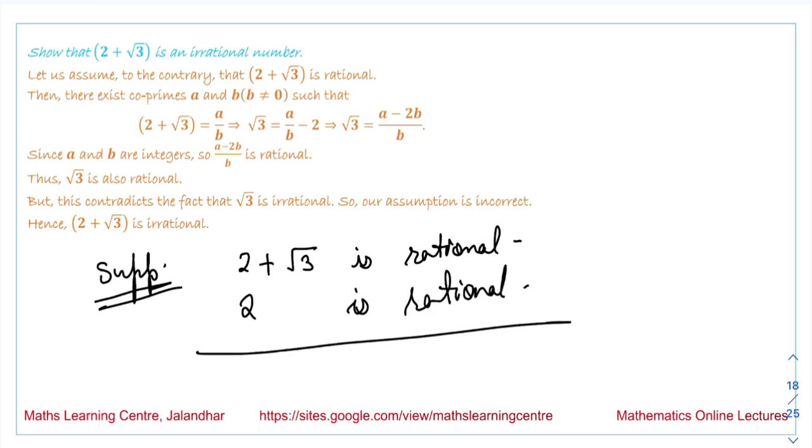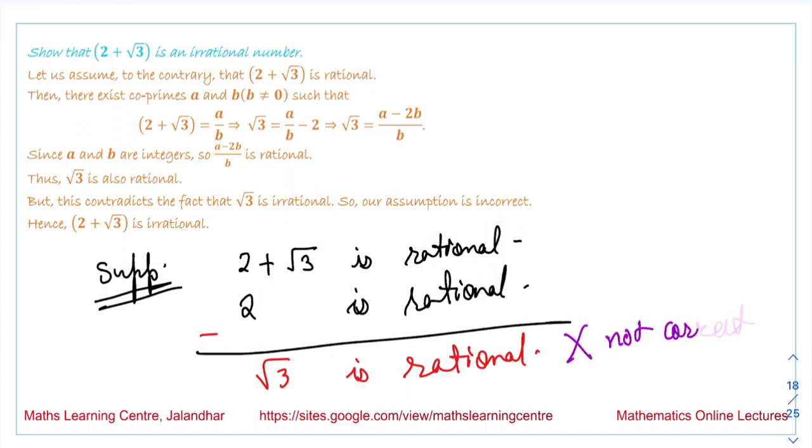If we subtract these two equations, we get root 3 is rational, and this thing is not correct. So our supposition that 2 plus root 3 is rational is incorrect. It means it is an irrational number.